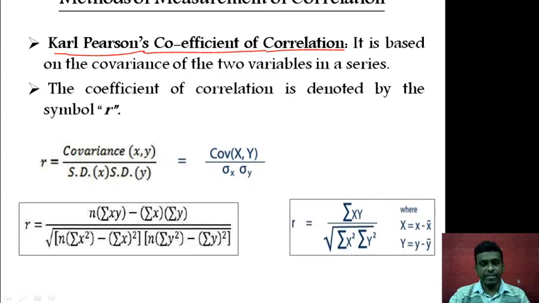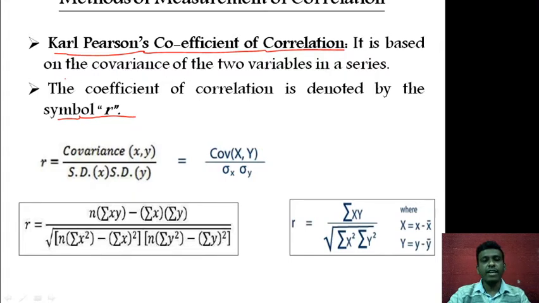Coming to this slide, Karl Pearson's coefficient of correlation is based on the covariance of two variables. So the covariance of two variables in a series is studied in Karl Pearson's coefficient of correlation. The coefficient of correlation is denoted by the symbol r, small r.